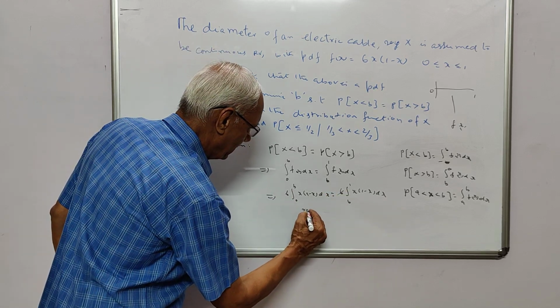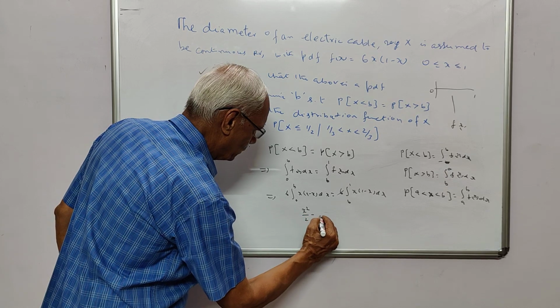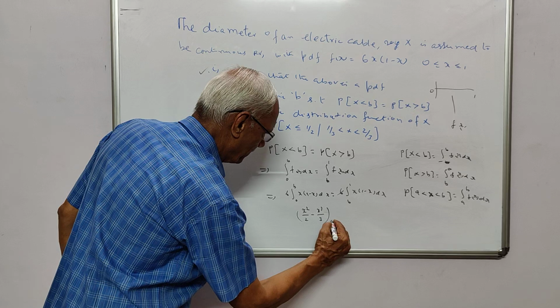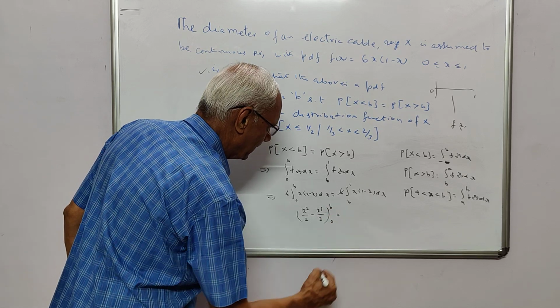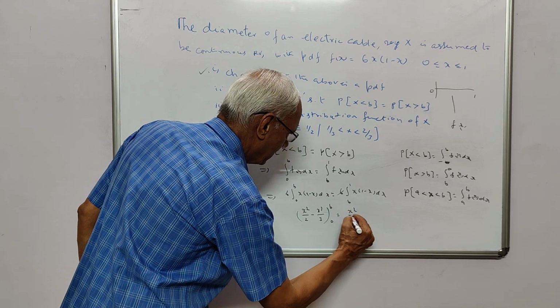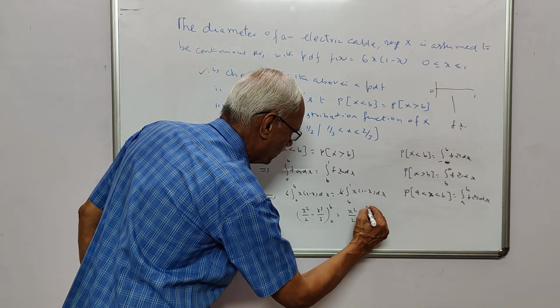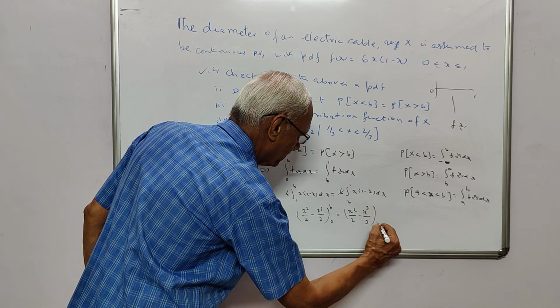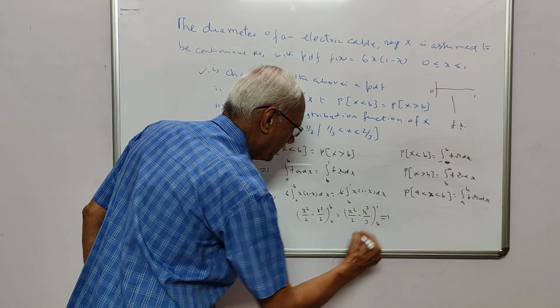This is x squared by 2 minus x cubed by 3, from 0 to b, equal to x squared by 2 minus x cubed by 3, from b to 1.